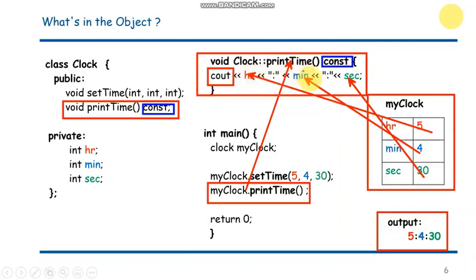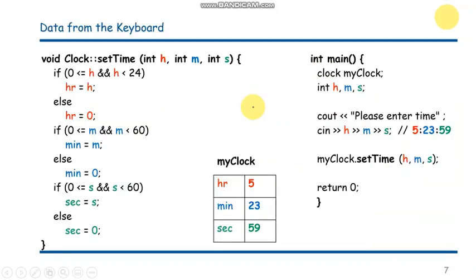All it is going to do is read from this object. So again, what is happening here is that the main program is not doing the printing. It is calling a function, printTime, and then printTime is the one that goes into this object, and it is the one that is doing the displaying.